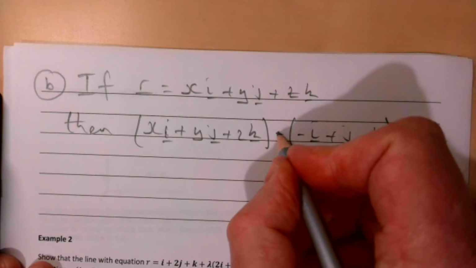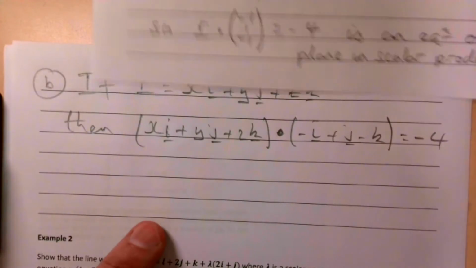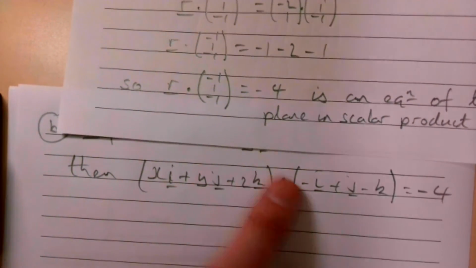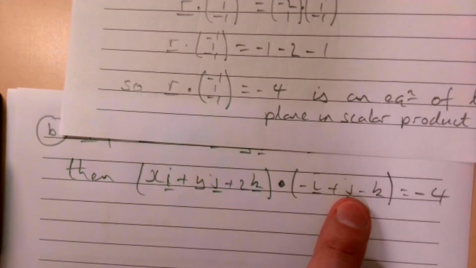So that's obviously the dot product term. That's r dot n equals p. So that's where that's come from. So this is this here. There's your r. There's your dot. There's your minus 1, 1, minus 1.